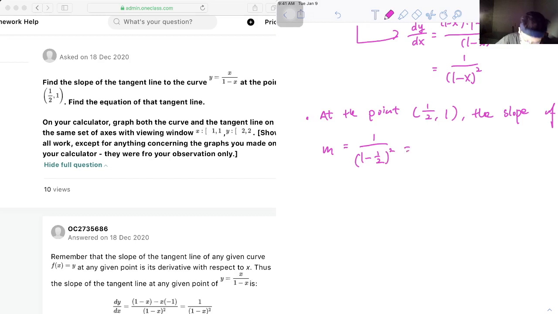And that will be 1 over 1 over 2 squared, which is equal to 1 over 1 over 4, which is going to be 4.